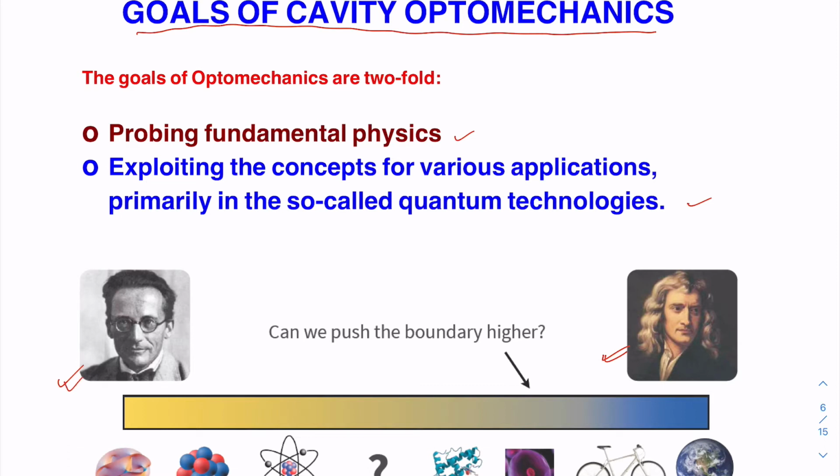One of the goals, or questions, is: can we push the boundary higher? That means whether we can use quantum mechanics for larger or heavier objects, I mean to say. The trouble is that as we go to larger and larger objects, they couple to the unavoidable fluctuations of the noisy environment, resulting in the washing out of quantum features.